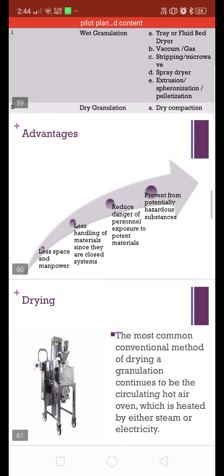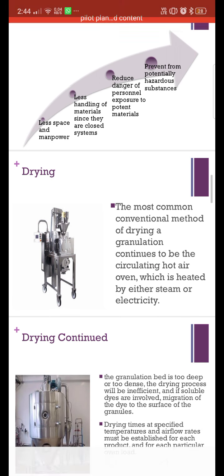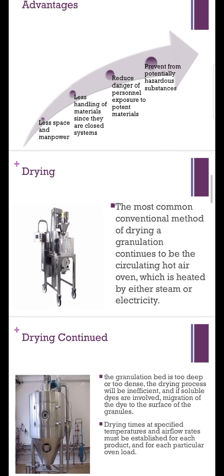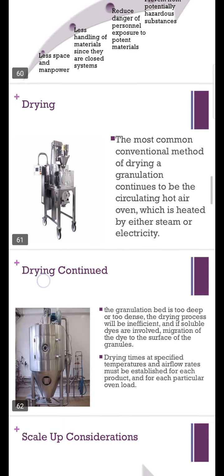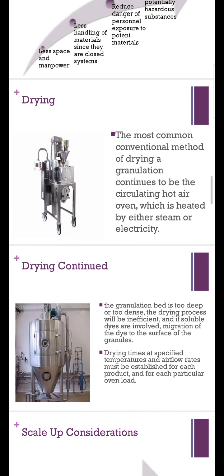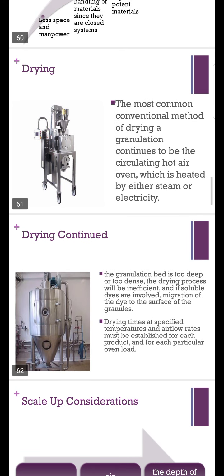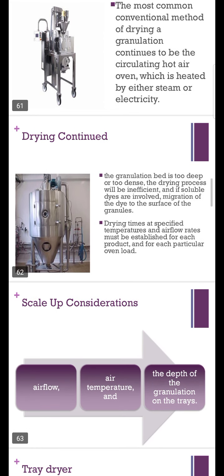Okay, now is the drying. After granulation, it is required to be dried. Now the most common method used for drying is FBD. We are going to use the FBD for drying, right? It uses either steam or electricity. Now, the granulation bed should not be too deep or too dense.